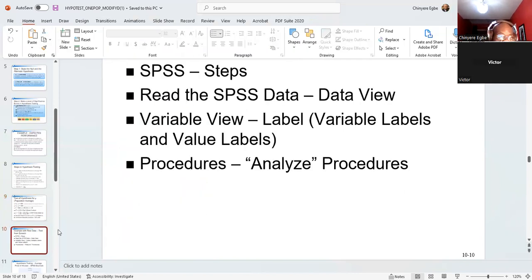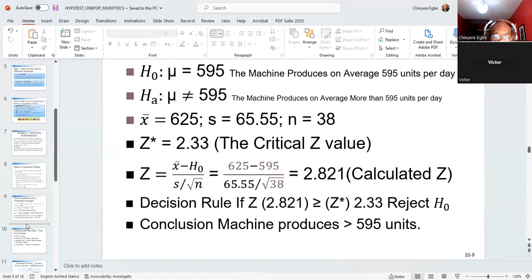Okay? Now, like I said, I'm going to illustrate to you how this sample mean comes about. Okay? So give me a minute. Let me get some data.